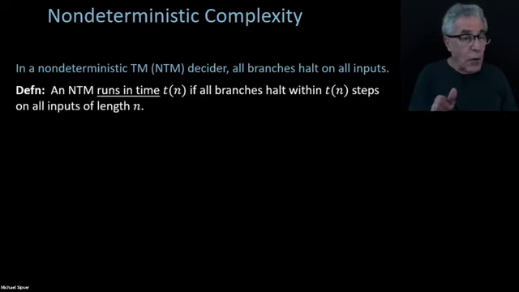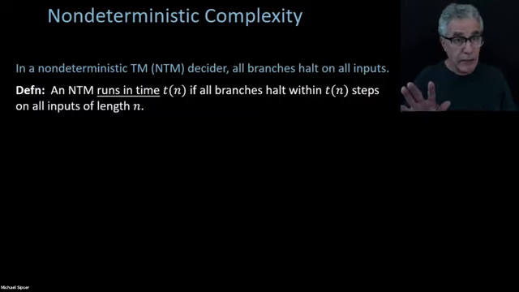We do not mean that the total amount of effort, adding up all the branches, is at most T of n. It's just that each branch individually uses at most T of n. That's just going to be our definition, and it's going to turn out to be the right way to look at this to get something useful.